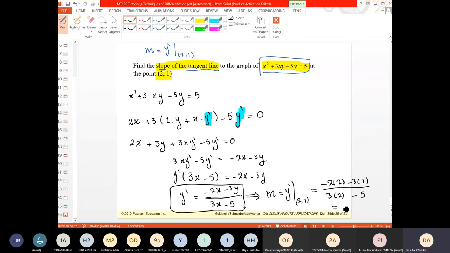What's the answer? Here it is minus 4, minus 3, over 6 minus 5. That's correct. This will be minus 7 over 1, which is minus 7. And this will be the M, the slope of the tangent line I was looking for.